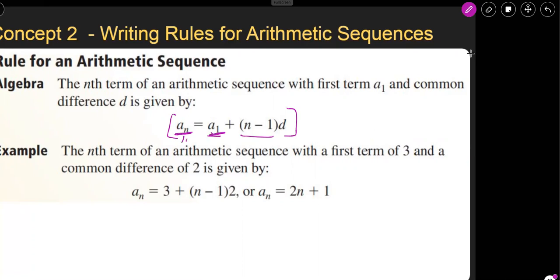If n was 10, for instance, to go from 1 to 10, it's going to take 10 minus 1 steps or hops or jumps or differences. It's going to take 9 moves effectively.